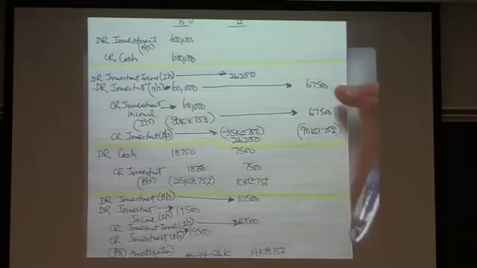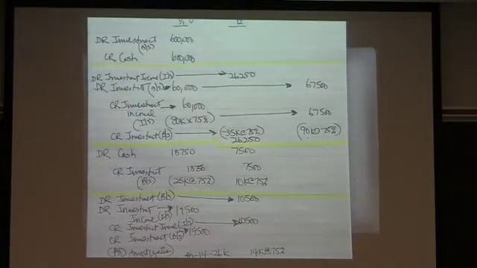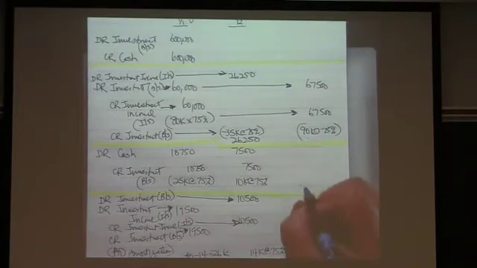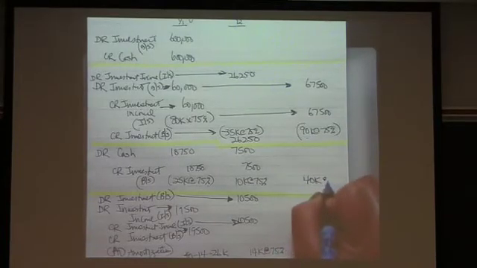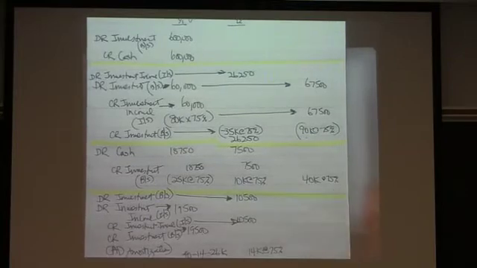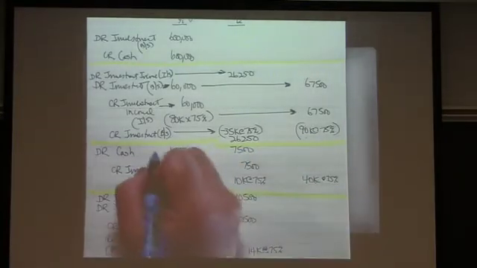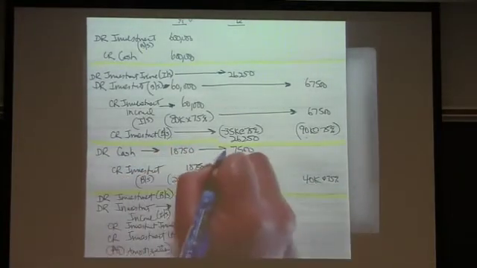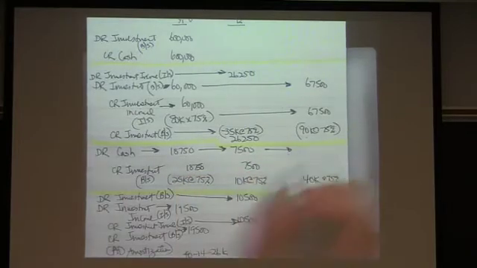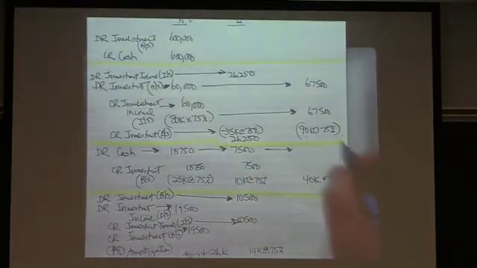So debit investment, credit investment income. And for the dividends, there was $40,000 of dividends declared at 75%. And again, let me just put an arrow beside those. And once again, it would be 30,000, right?